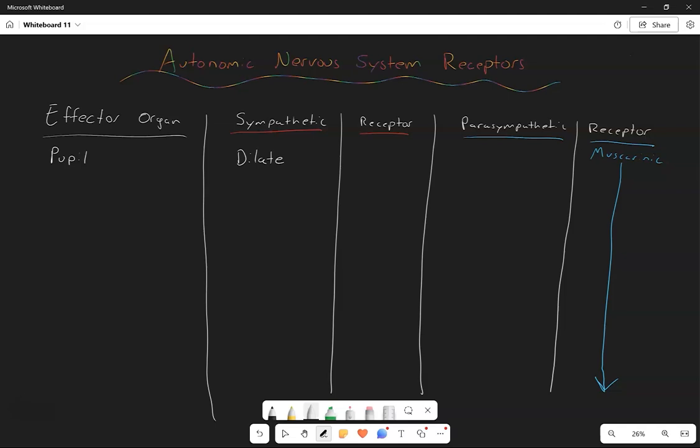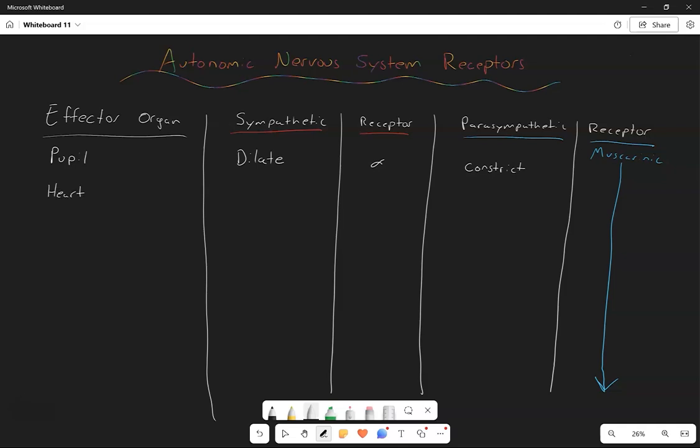You want to let light in, because think about you're getting chased by a crazy clown, and you want to get away. You want to be able to see, open that up, let all of the light in, and that is going to be an alpha receptor. The parasympathetic division is going to constrict your pupils, and again, muscarinic receptor.